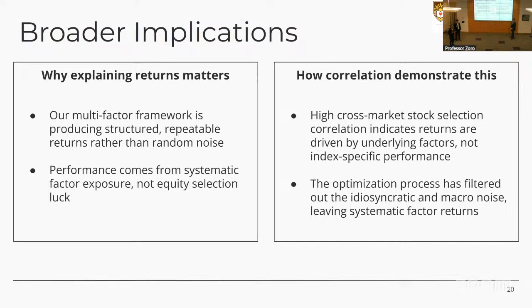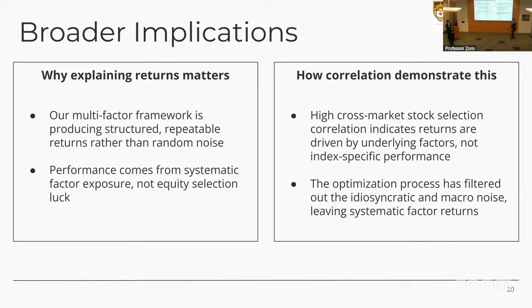So how do we know this? The correlation demonstrates it: we get a high cross-market correlation index of 0.85 on the monthly rebalanced portfolio and 0.73 on the yearly rebalanced portfolio. So our returns are basically driven by underlying factors and not Indian or US index-specific performances.